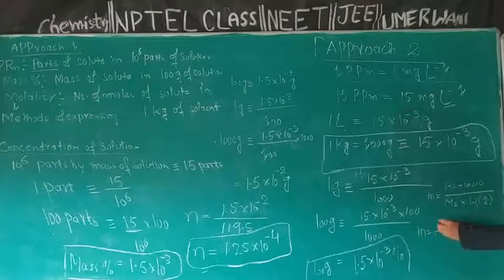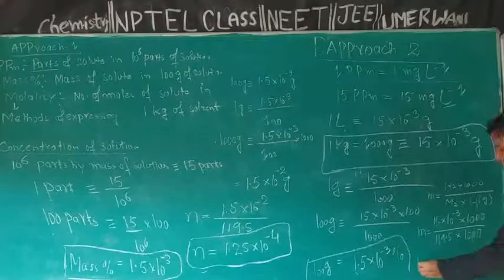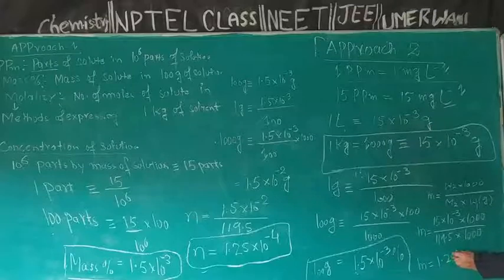Molality will be equal to 15 into 10 raised power minus 3 multiplied by 1000 divided by 119.5 multiplied by 1000, and on evaluating you will get that molality is equal to 1.25 into 10 raised power minus 4.